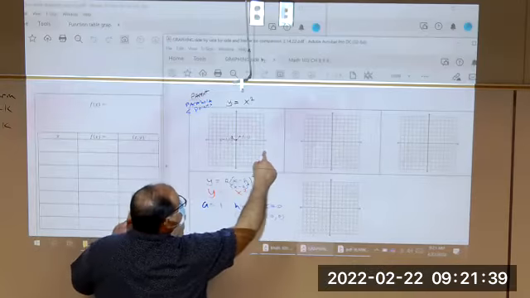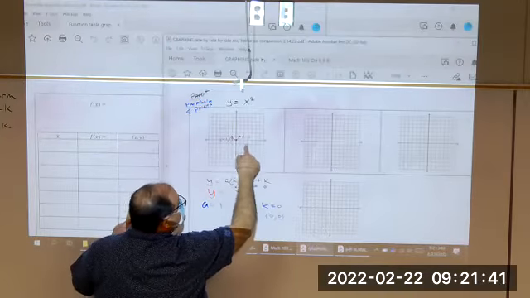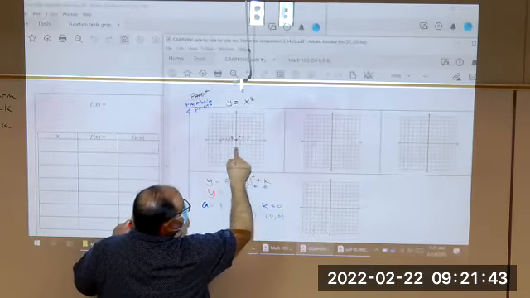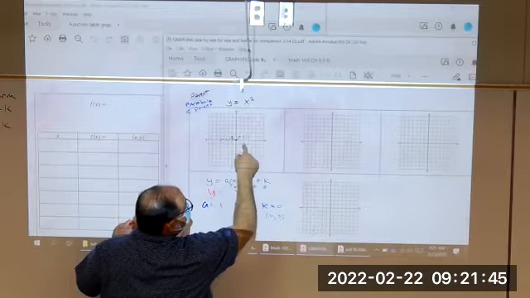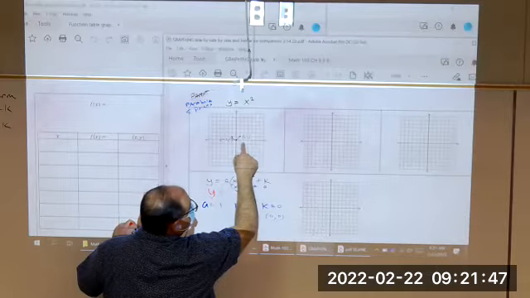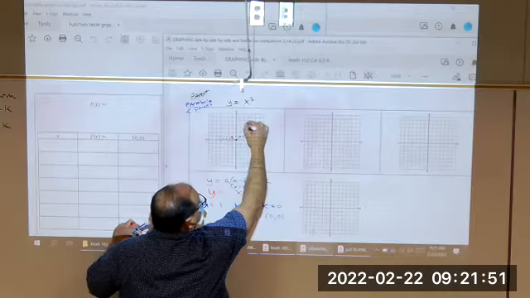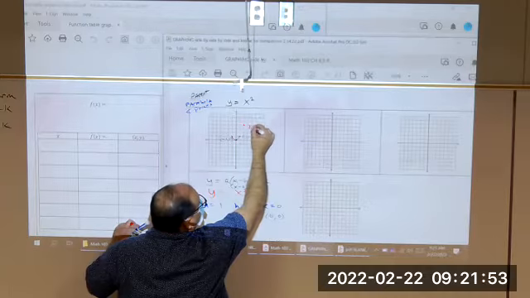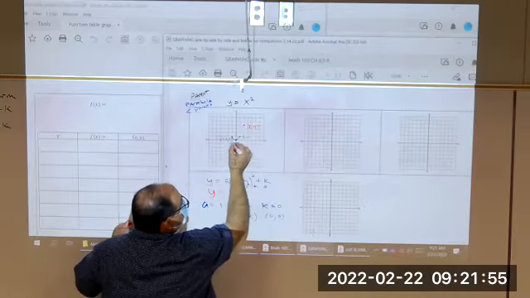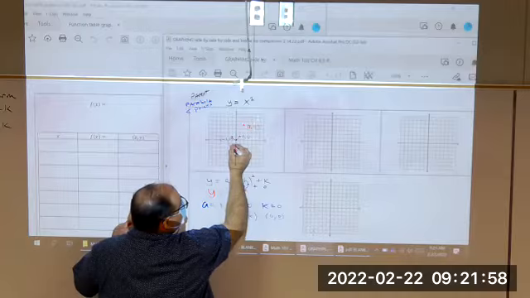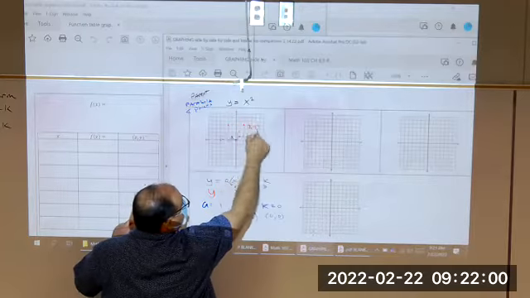All right, so go 1 more to the right. You already went 1, go 1 more to the right. So we're at 2. 2 squared is 4. 2 goes in, we get 4. So if we go 2 to the left, negative 2, we're going to get the same y value.